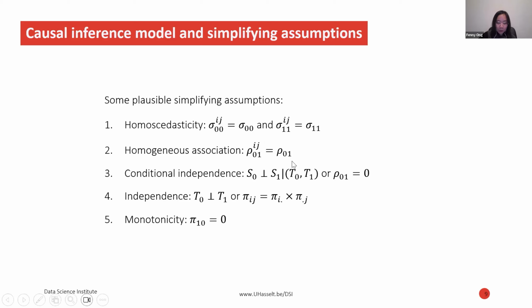Another commonly used assumption is monotonicity, which refers to the situation where the treatment can never be harmful or more harmful than the control. And when monotonicity is assumed, we can fix the value of parameter pi10 to 0 so that we can fully identify the distribution of YT.